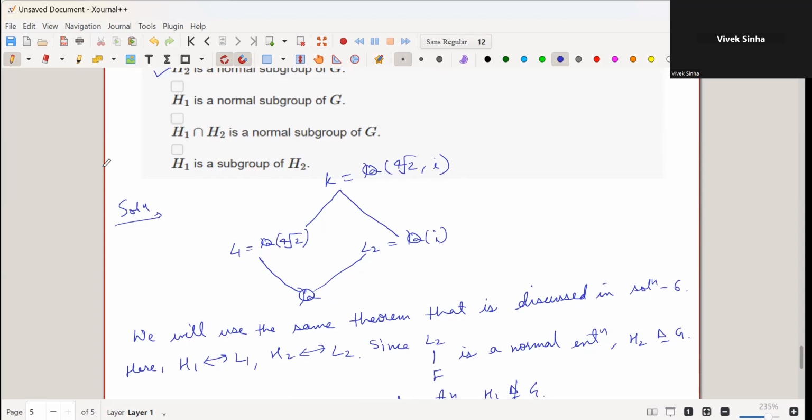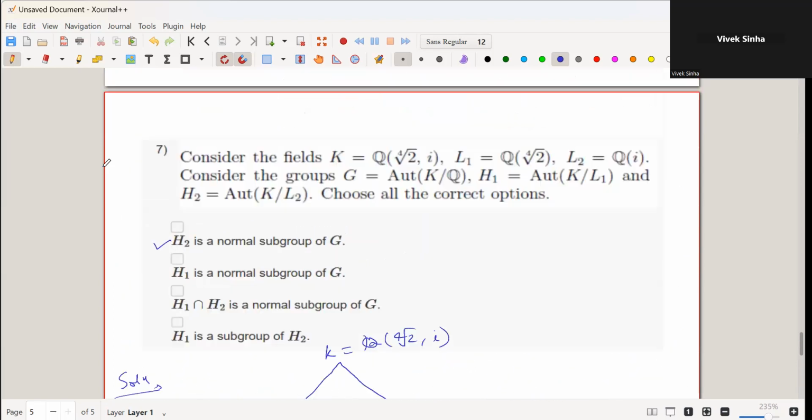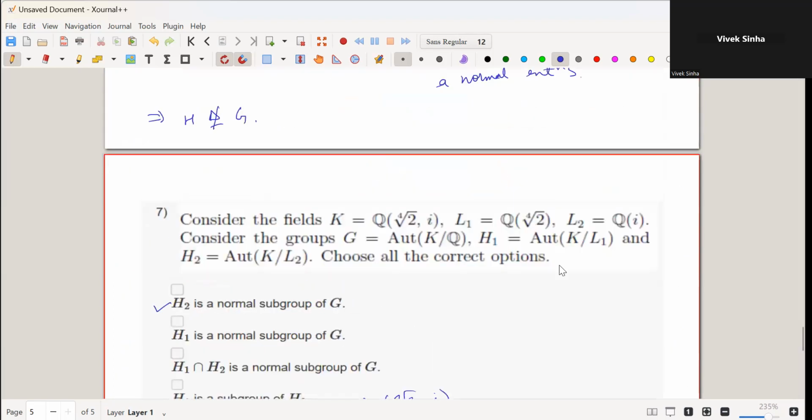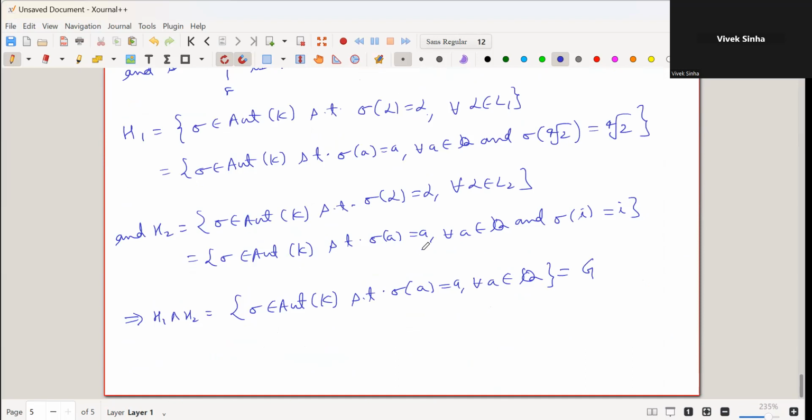So now, what is this group? This is nothing but your entire G, right? Because this is the definition of G, the set of all automorphisms which fix Q. That's it, right? So H1 intersection H2 is G. So G is, or I am doing something silly here.